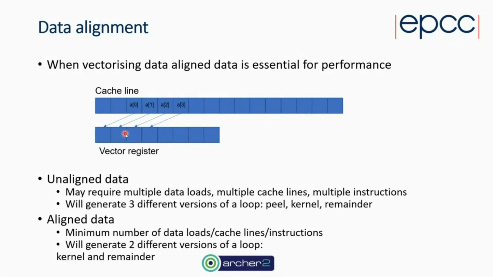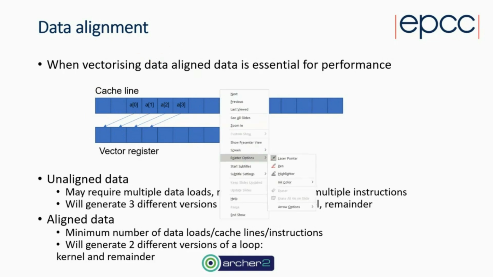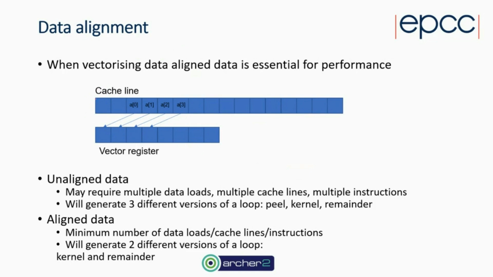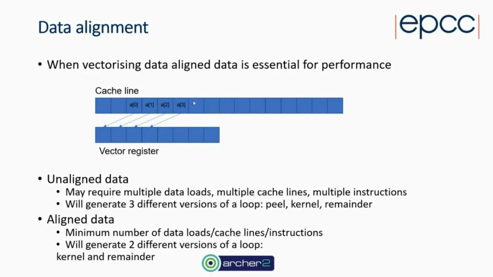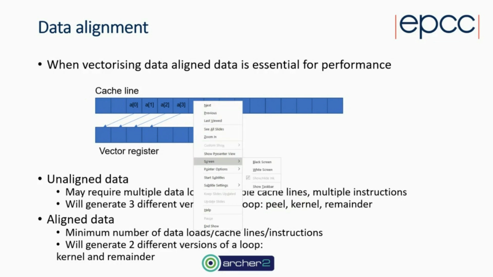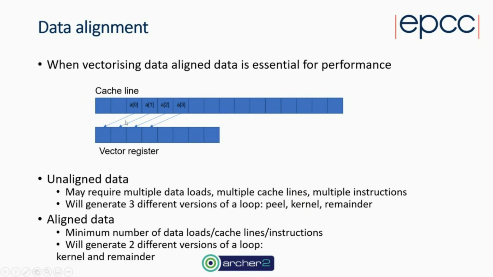If I have data that's not cache line aligned, well, I can still do work. But say this is my data here, and my cache line would be, let me get a pen to draw on this, this chunk here. That's the first cache line, and this is the second cache line. Let me erase that, I did that slightly wrong because we're assuming our cache line is 8 elements long.